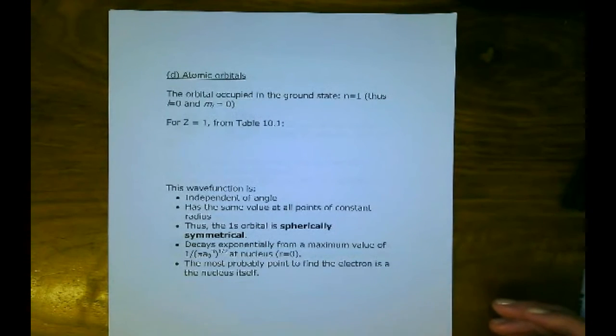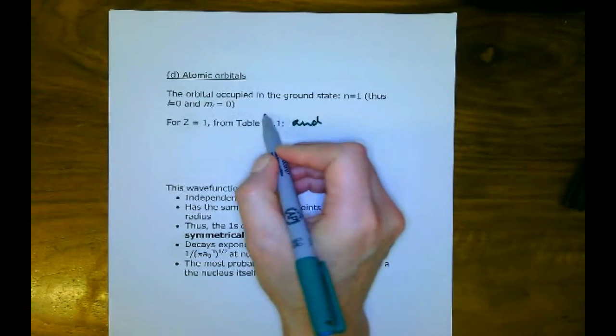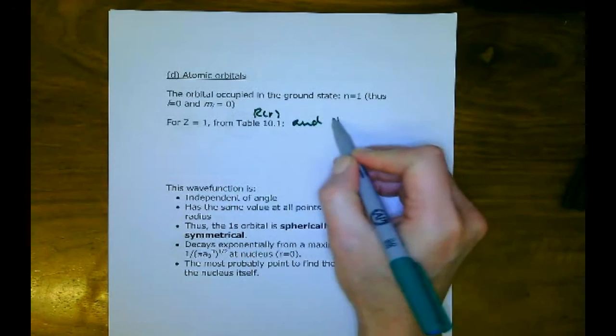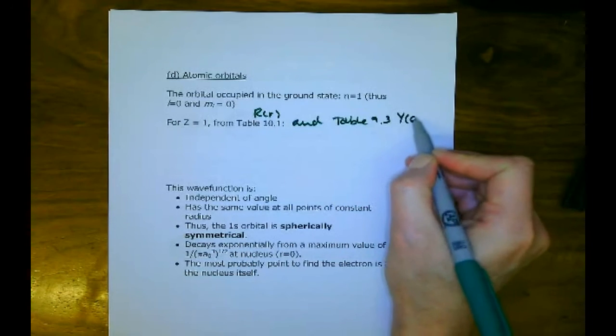And you know how to get atomic orbitals using the tables to construct them. We use table 10.1 for the radial part and table 9.3 for the angular part.